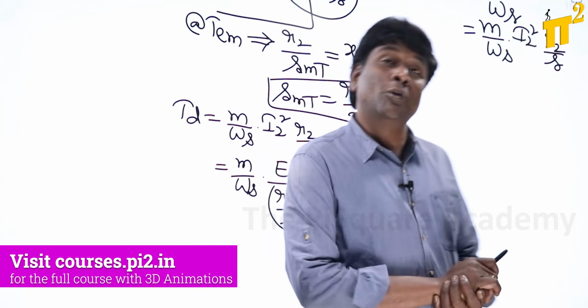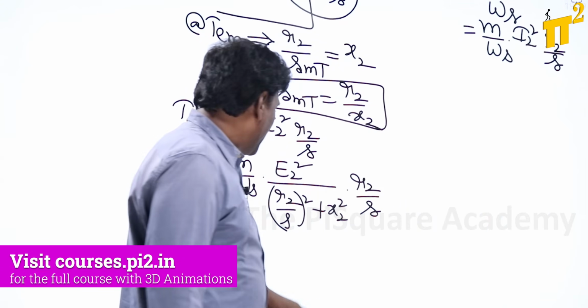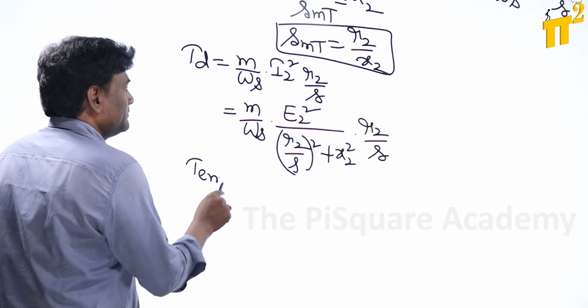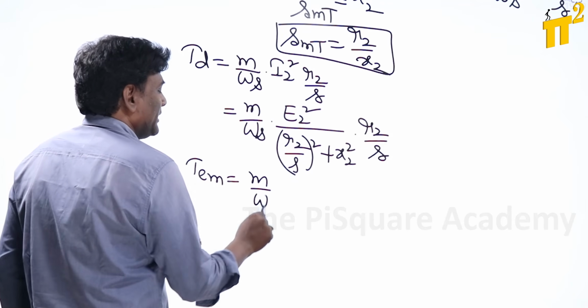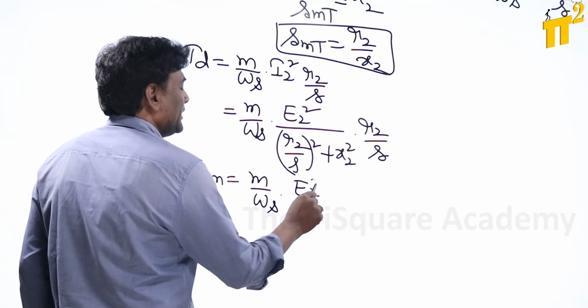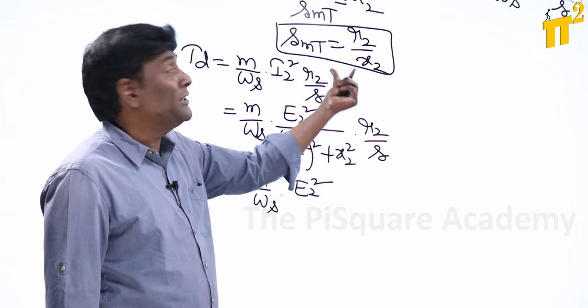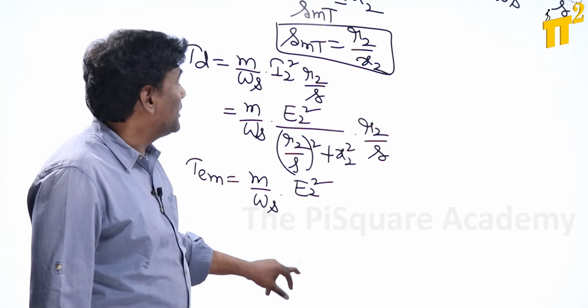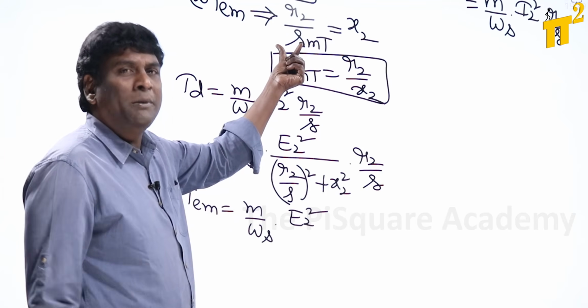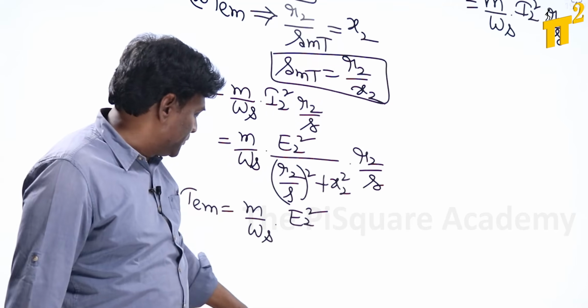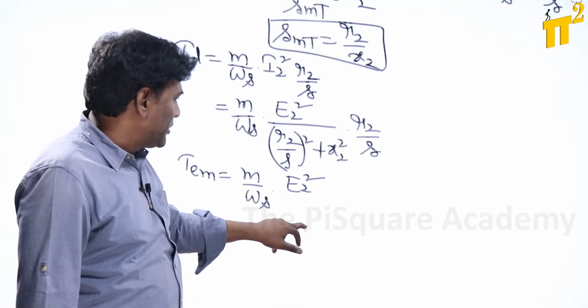Now let us calculate pull-out torque. If I try to calculate pull-out torque or maximum torque, TEM is going to be how much? M by omega s into E2 square. Maximum torque in the sense R2 by SMT should be used; in place of slip, SMT should be used. R2 by SMT equal to X2.